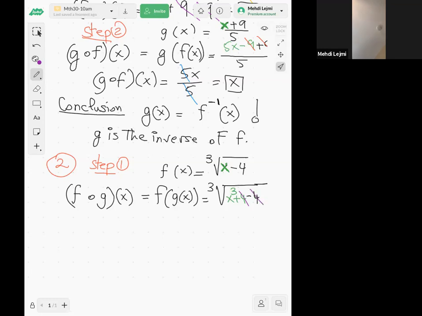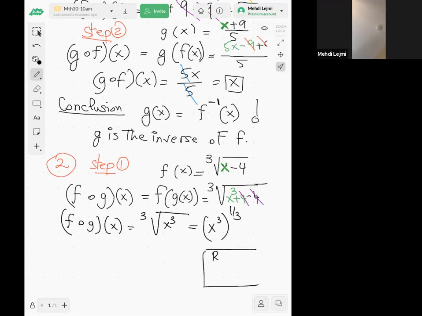So now I have just the third root of x cubed. And again, guys, third root means that's like x cubed to the power 1/3. I'm going to apply the power rule. Let me just remind you of the power rule. If you have x to the a, then to the b, that's x to the a times b.